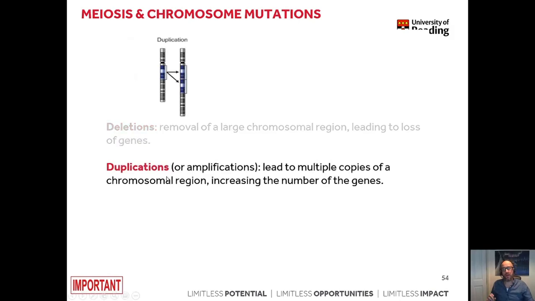We can also have duplications or amplifications which lead to multiple copies of a chromosomal region, increasing the number of the genes, and the outcome of such mutation can be quite serious, because you can imagine if the chromosomal region is coding for genes that regulate cell proliferation, we could end up with cells that divide in a very uncontrolled manner.